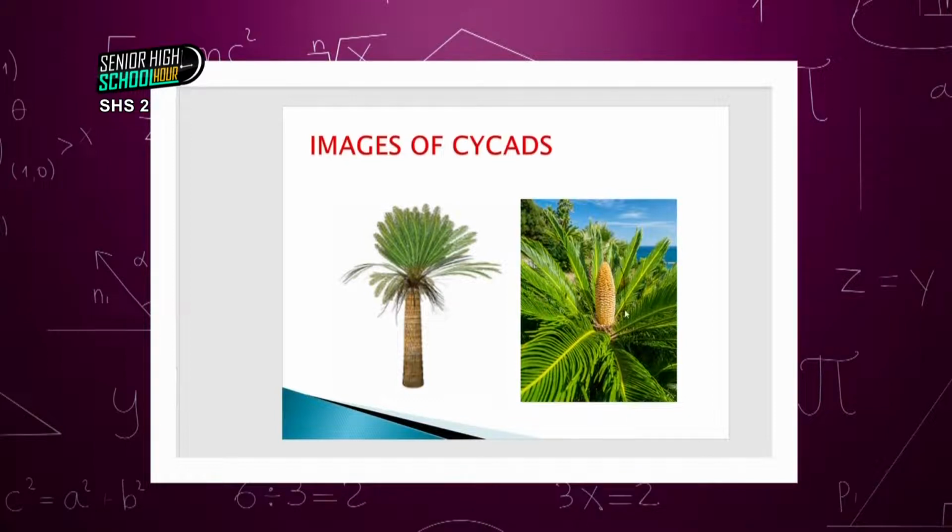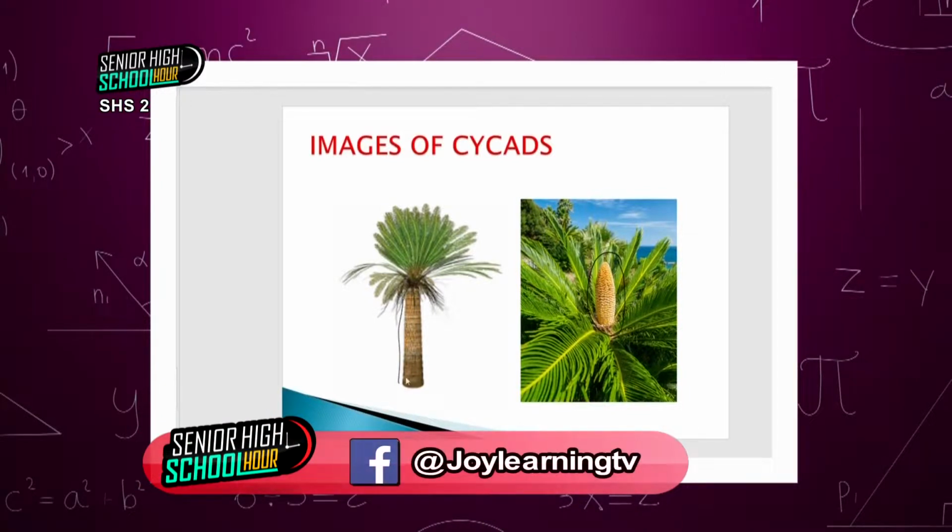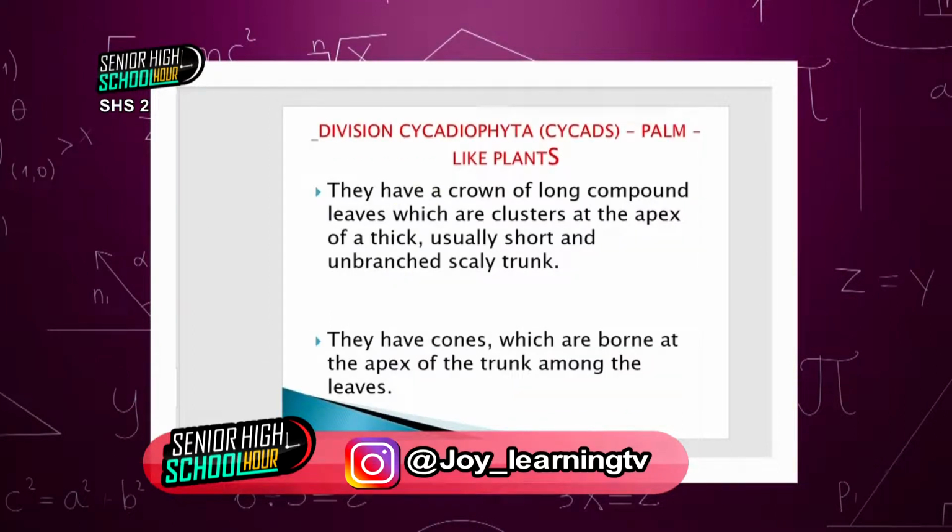Then you see something growing inside, like what we just saw in the conifers. These are the cones, where male and female are produced. So these are the trunk scales. They have scale-like parts. So let's look at the description.